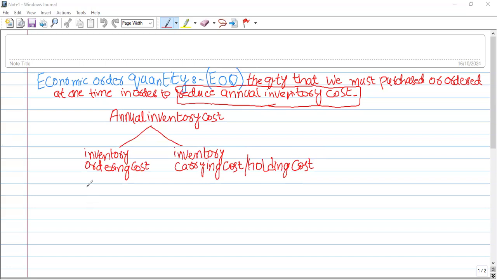Now, we must know what inventory ordering cost is and what inventory carrying cost is.